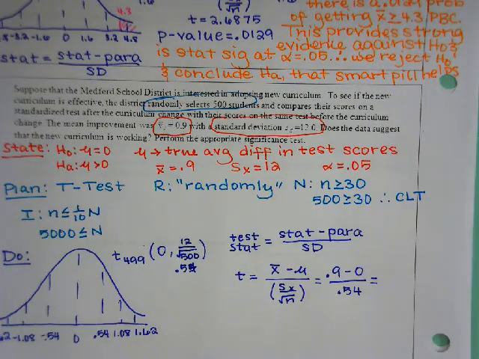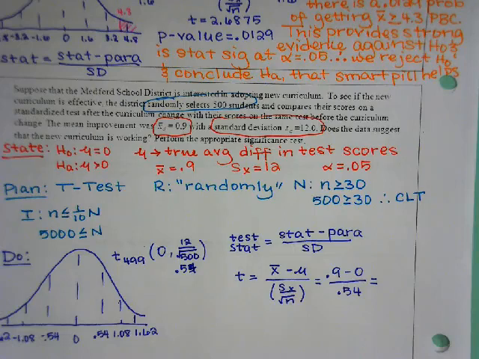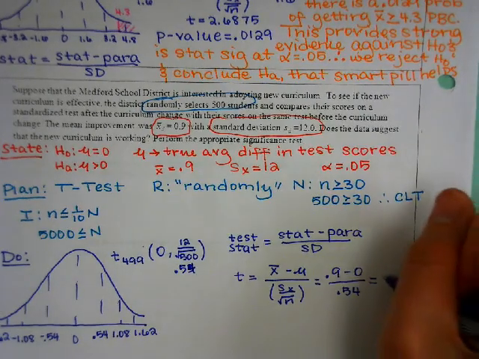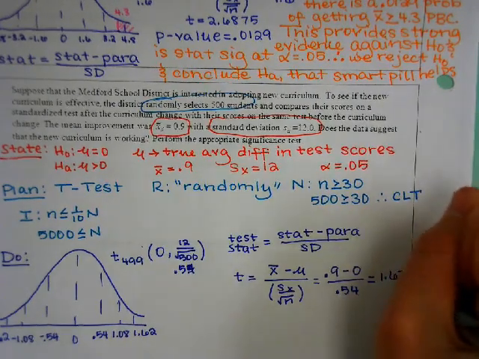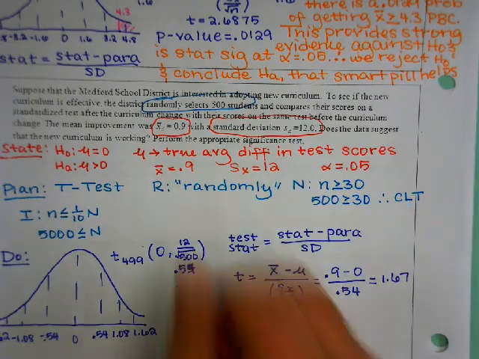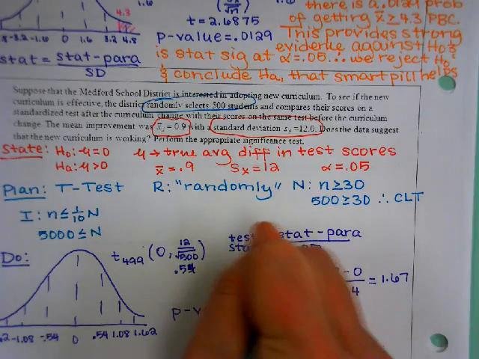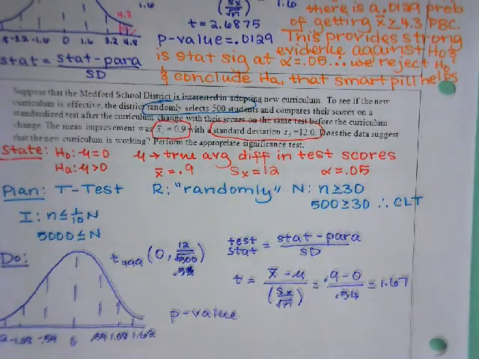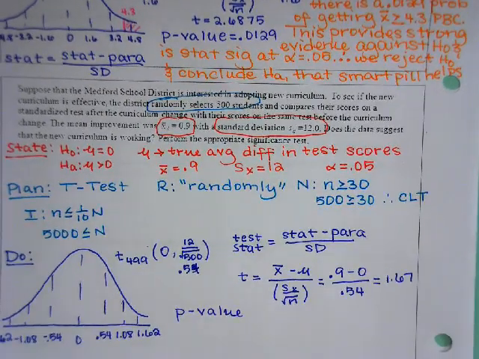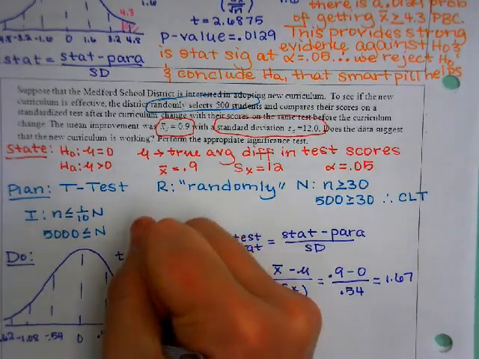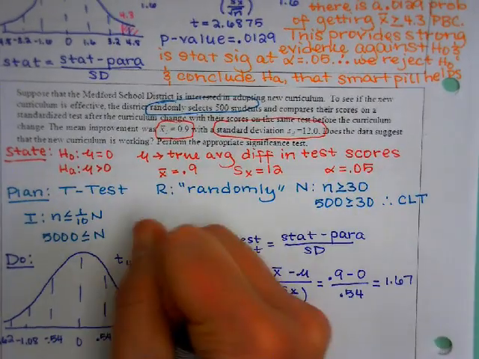And then we'll use the calculator to get our P. Our x bar was 0.9, which is here-ish. And we're looking at greater than 0.9. Everybody good?